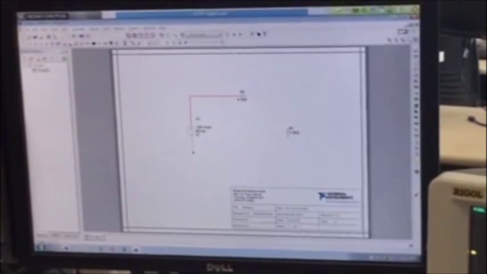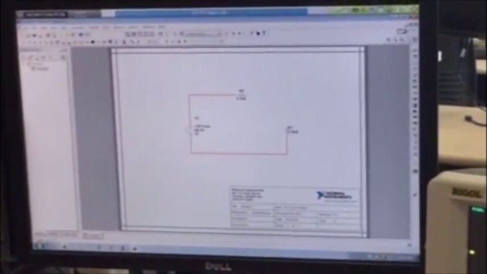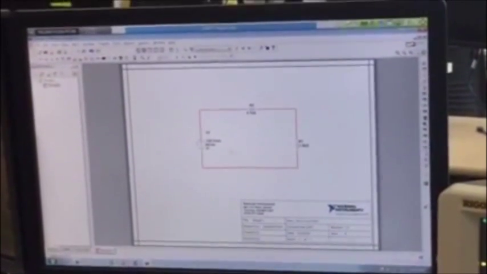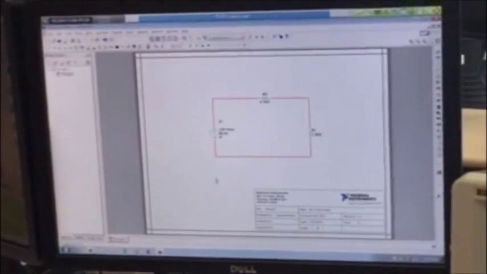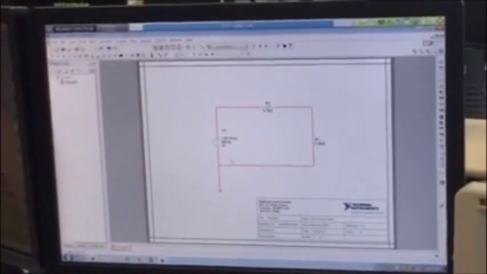And I'm interconnecting the components. I'm now attaching the ground to the circuit.